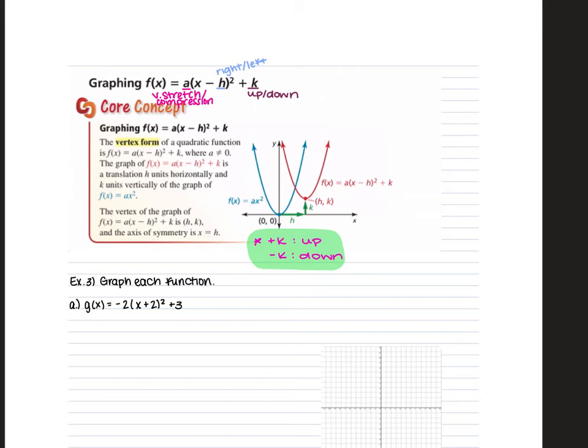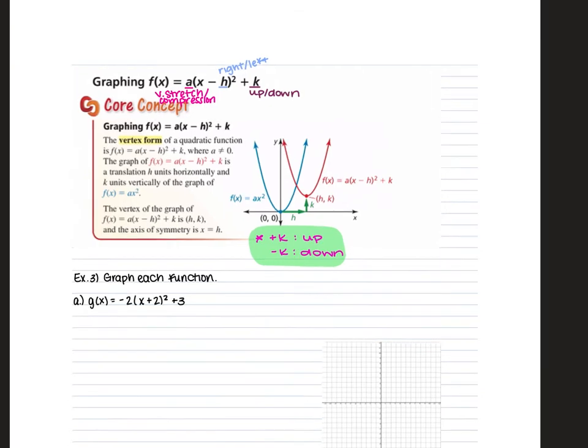On the inside of your parentheses, if you have a minus h, you're going to the right that many units. If it's plus h, you're going to the left that many units. And lastly, on the outside of the parentheses, if you have plus a number, so plus k, you're going up that many units. If you have a minus number or a minus k, you're going down that many units.